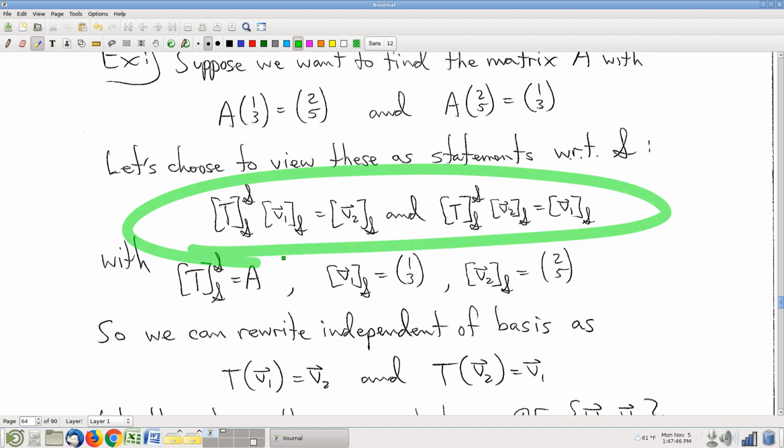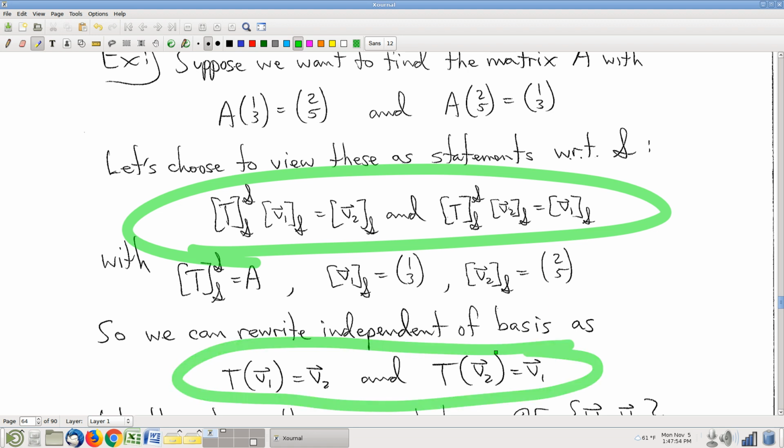these equations, which are intrinsically written with respect to the standard basis, let's just lose the language. Let's just say all this coordinate-free, not with respect to anything. Let's just make statements about the vectors and the transformations in the abstract. So we get that.